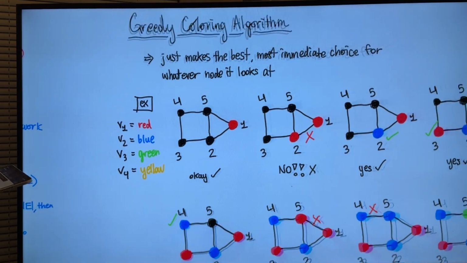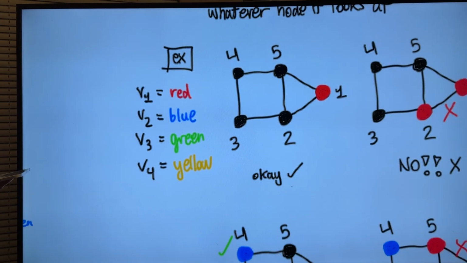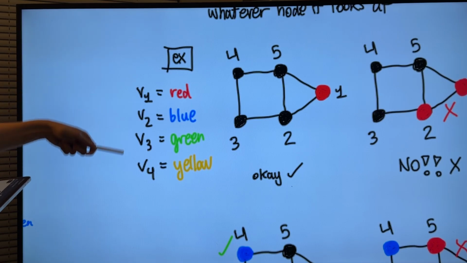So for this algorithm, we're going to have ranks essentially for different colors. Okay, let's say rank 1 is red, rank 2 is blue, and then we have green, and then yellow. So what this algorithm is going to do, it's going to start from the top.